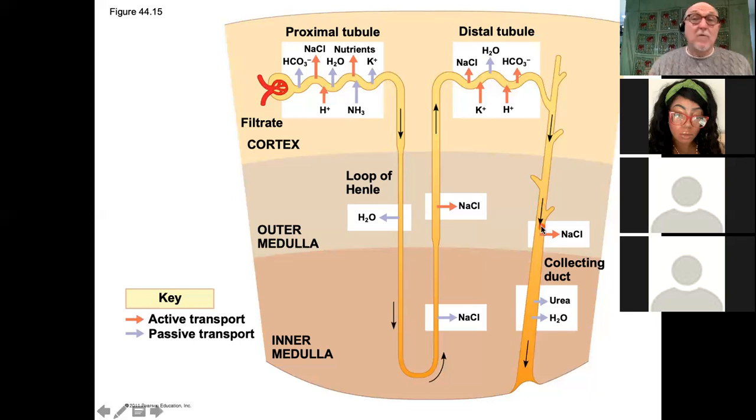The collecting duct also pumps out some salt, but it also allows the passage of urea and of water, and that can be regulated hormonally. This, which we can now refer to as urine, passes into greater and greater ducts into the pelvis of the kidney, and then out through the ureter to the bladder.